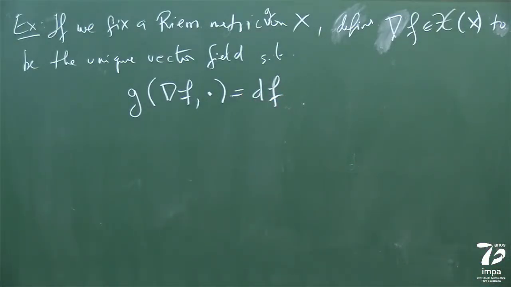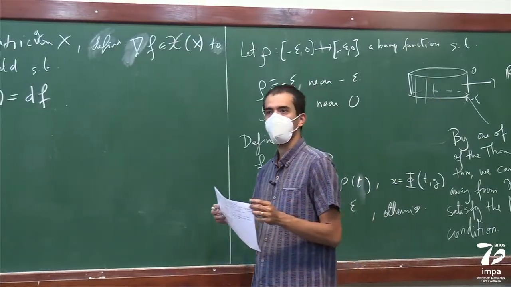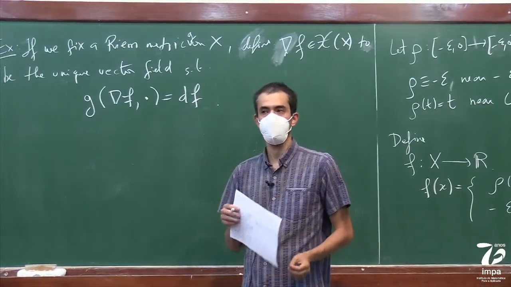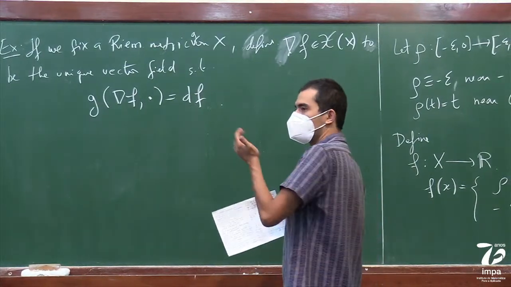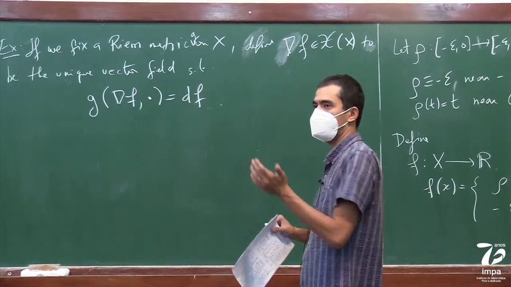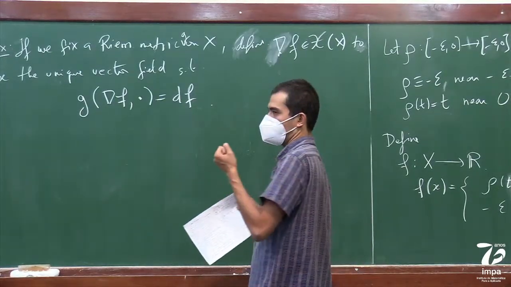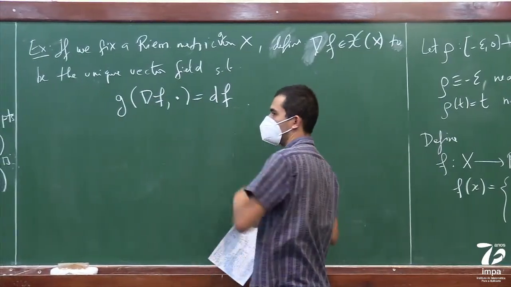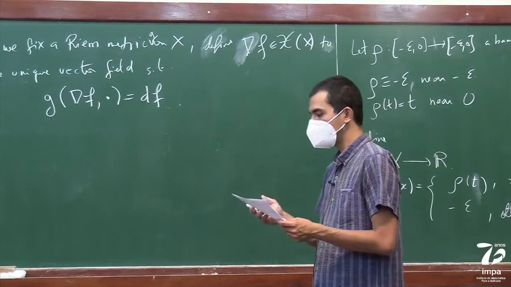So the inner product of the gradient with any vector is the same thing as the differential of the function. The Riemannian metric gives you an isomorphism between the tangent and cotangent spaces, and the gradient is the inverse of this isomorphism applied to the differential. So that's what the gradient is.